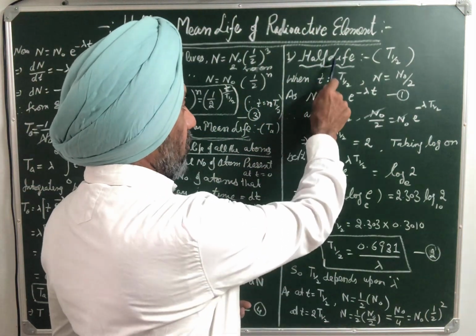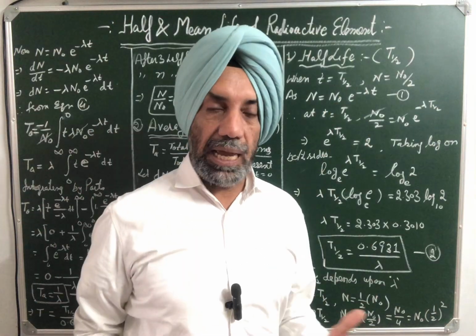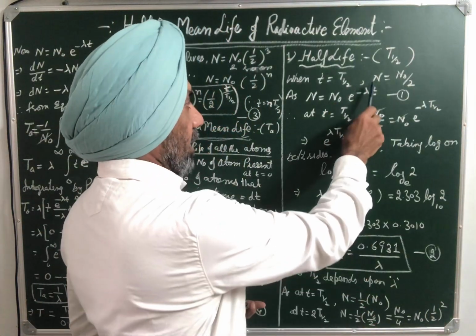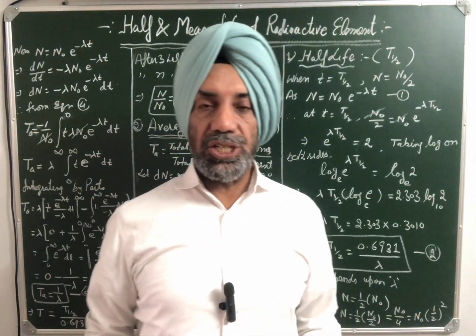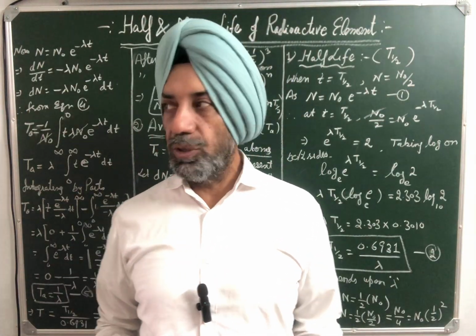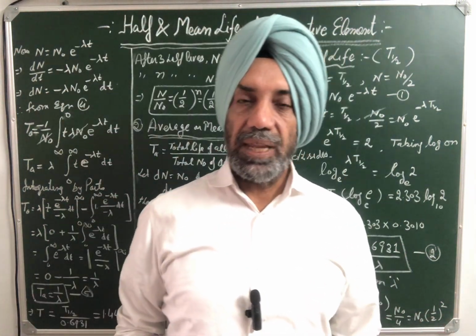So, according to definition of half-life, when t is equal to t half, that is when time is equal to half-life, then N becomes N naught by 2, where N naught is the initial number of atoms at t equal to 0 and N is the number of atoms present at time t.